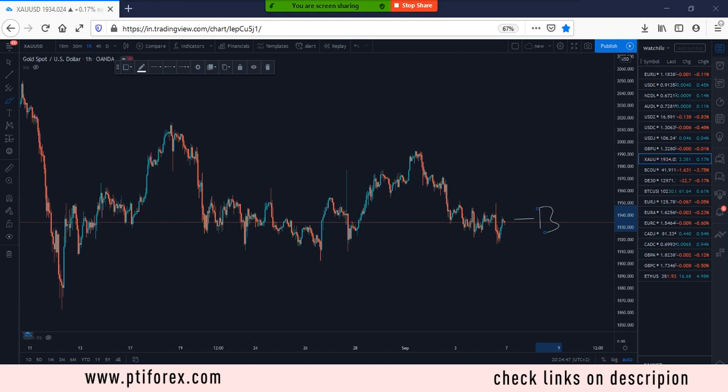Let not the market just throw trades at you and say buy this one and you just buy immediately. Let it be you who says, if the market does this, I'm going to buy. If the market doesn't do this, I'm not buying. Don't allow the market just to throw trades at you and you enter trades because of panic, and at the end of the day you blame yourself. So let it not be like that.